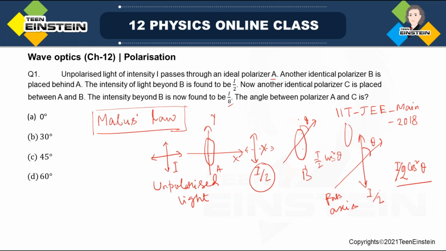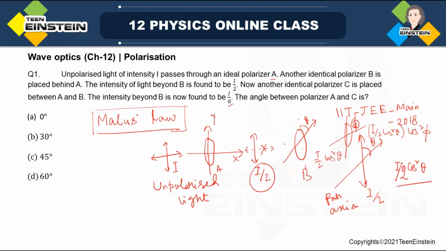If I keep another polarizer with some other angle phi, then after this, I by 2 cos square theta is the initial intensity, and you have to write cos square phi.